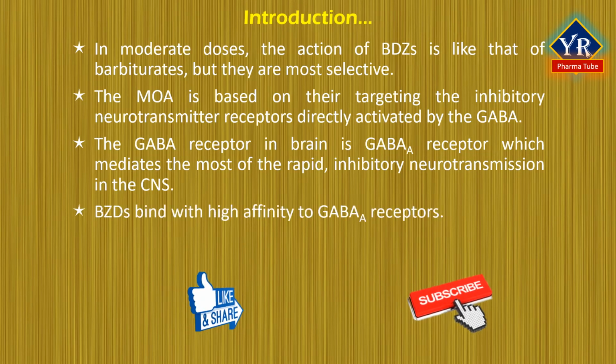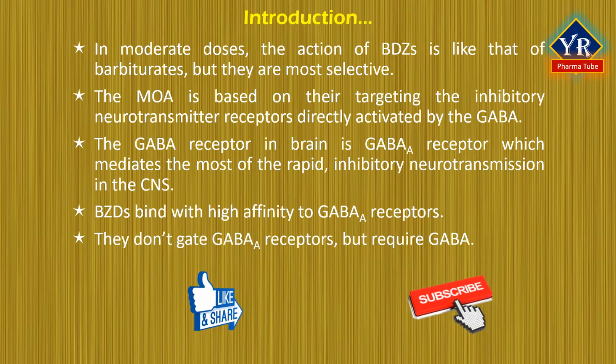Benzodiazepines bind with high affinity and specificity to GABA A receptors and allosterically modulate its activity. They do not activate GABA A receptors but require GABA to express their effects. Thus, in a broader sense, benzodiazepines cause enhancement of GABA, the major inhibitory neurotransmitter in the brain.